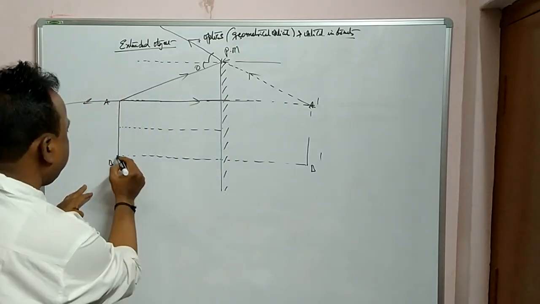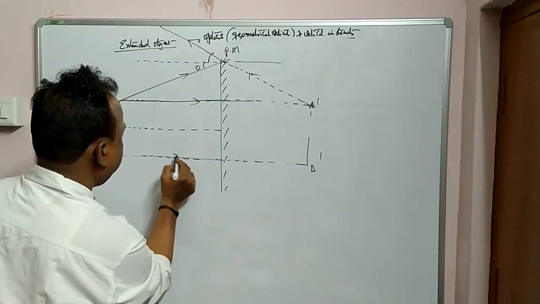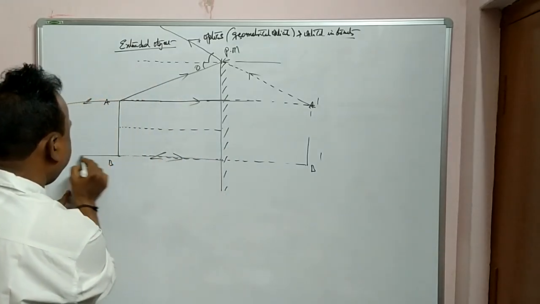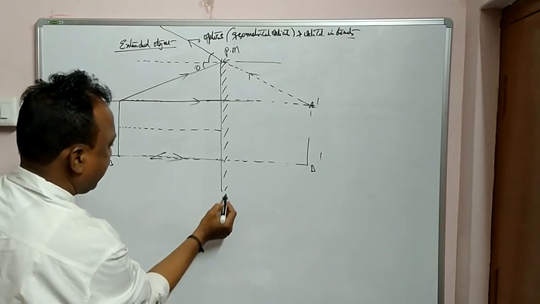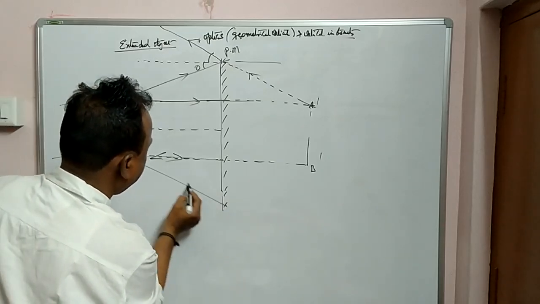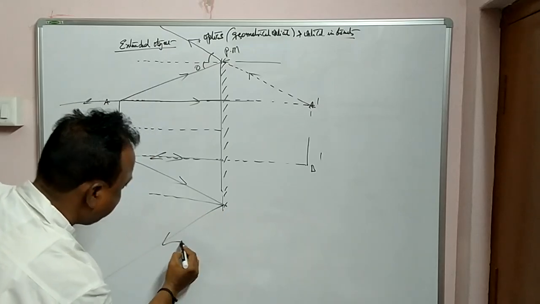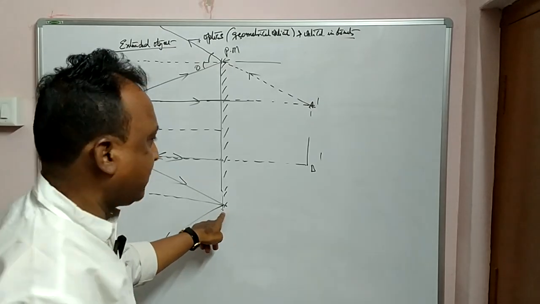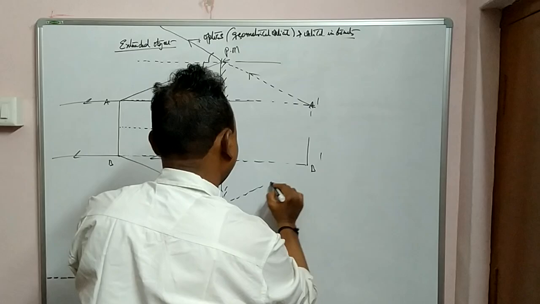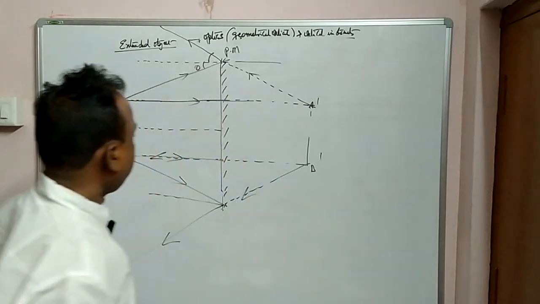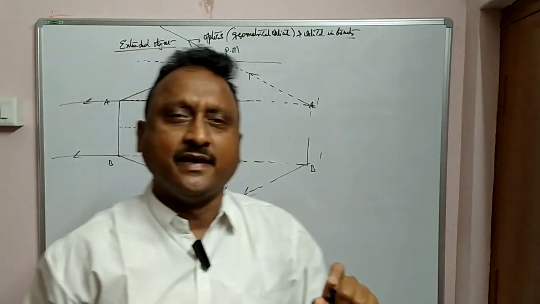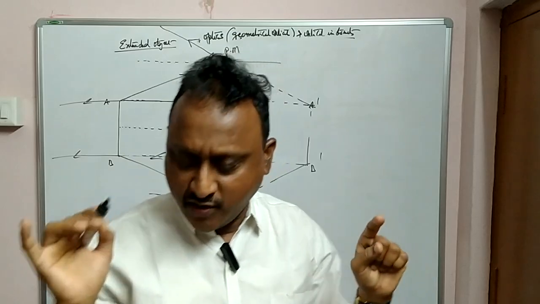The same way here also you can take one light ray going, straight incidence again coming back. One more I will take, second light ray. Suppose it is meeting here and this is the normal and this is diverging. This light ray is not coming from here, it is coming from here. So this is the geometry ray diagram for the extended object.